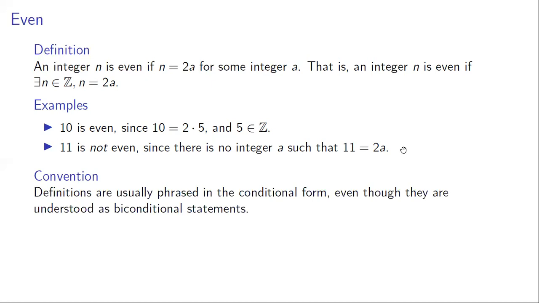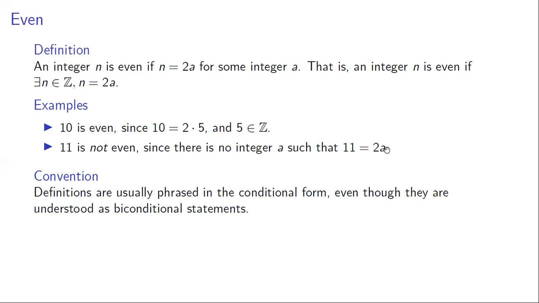Now there's an important convention to keep in mind, and whether this is a good convention or not is not for me to say. I happen to think it's a bad convention, but it is the convention that mathematicians generally use: definitions are usually phrased in the conditional form, even though they are understood as biconditional statements.